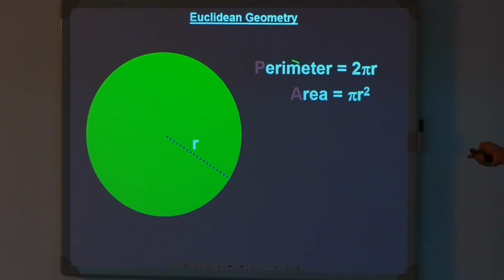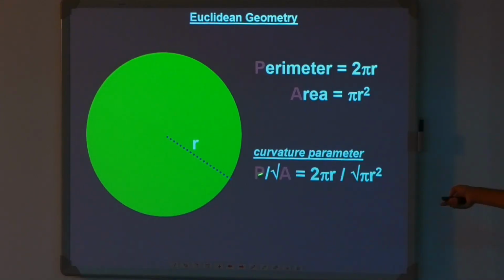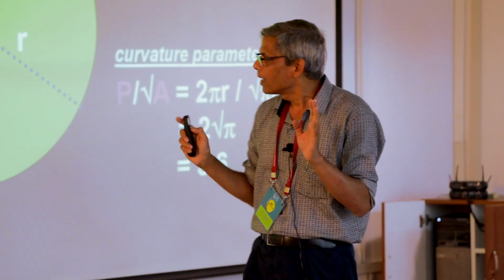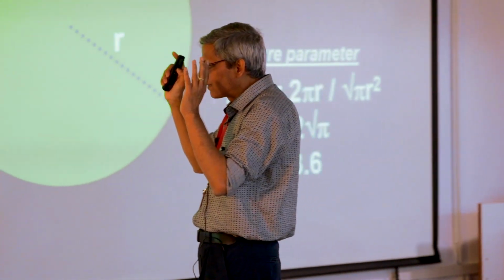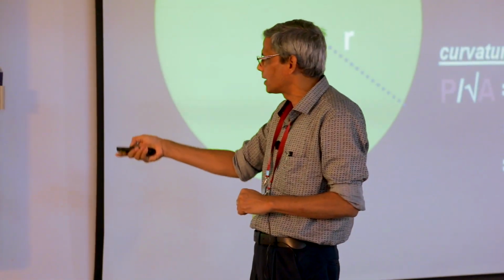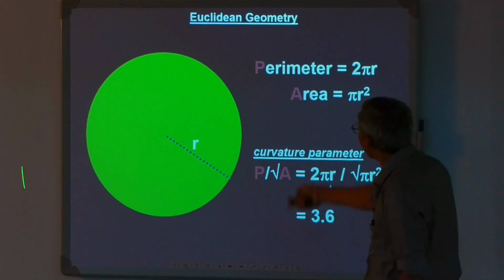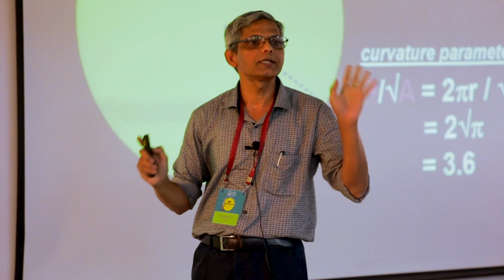So what you can do is make a modification: you divide the perimeter by the square root of the area, P by square root A, which will get rid of r, and then you get a constant value of 3.6, right? So this P by square root A, which I call the curvature parameter, will continue to remain 3.6 no matter how big the circle is, as long as it is flat.